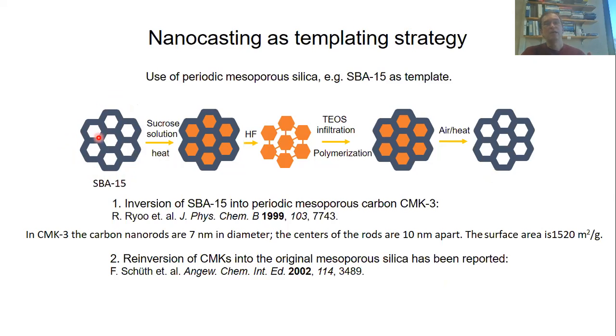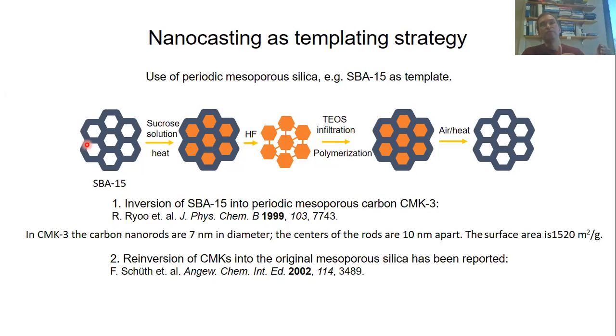Then you convert that precursor inside of these pores into your target material, and in the last step, you remove the hard template, so that your produced mesoporous material is the inverse of your original material.